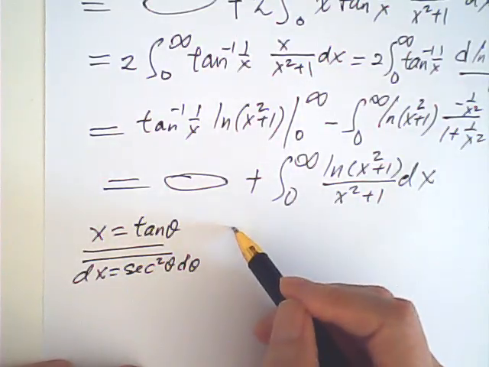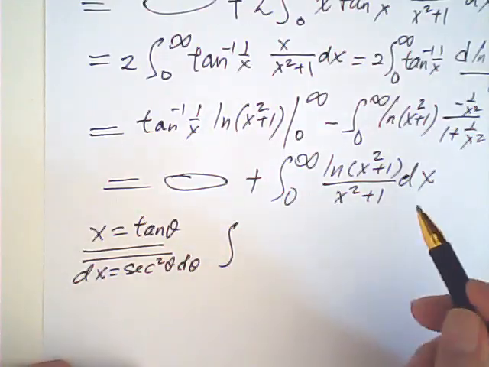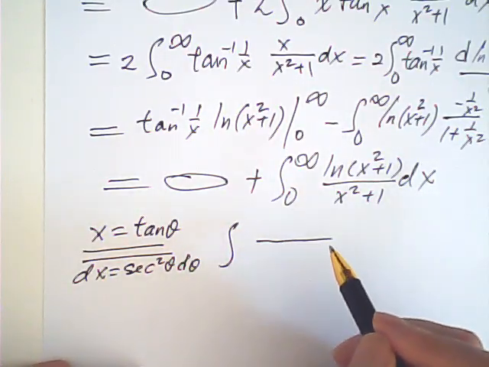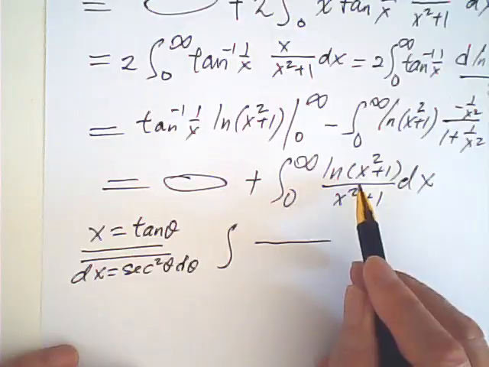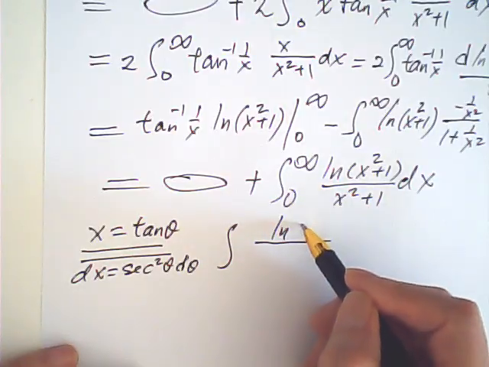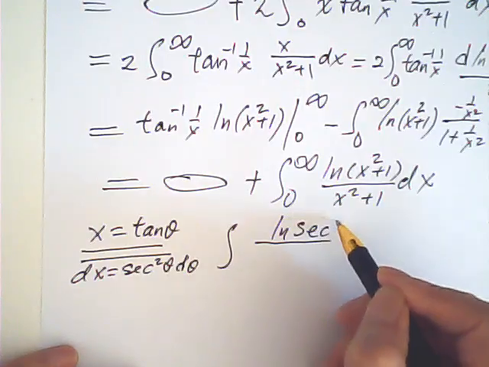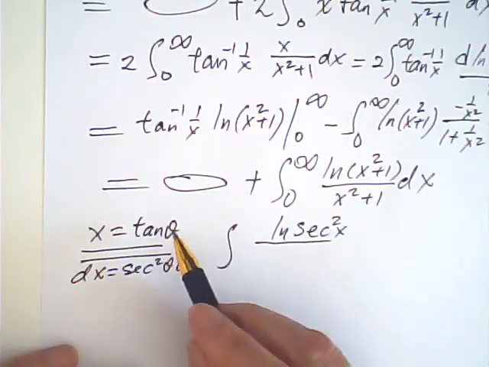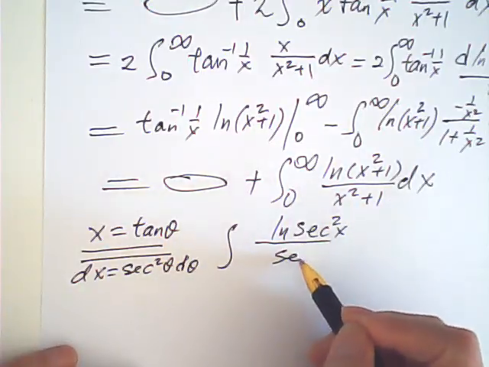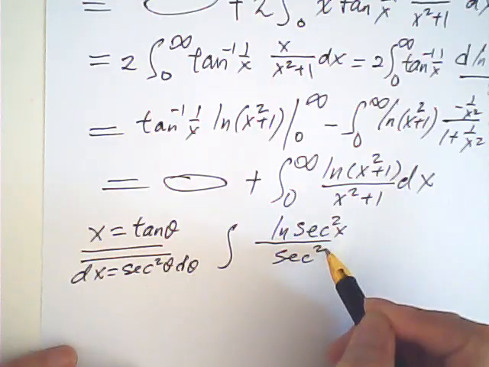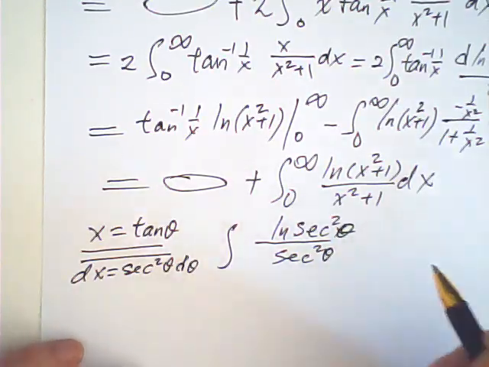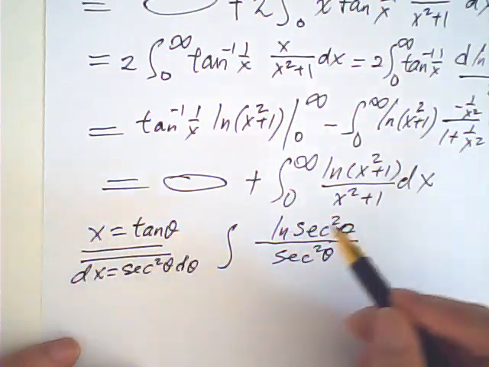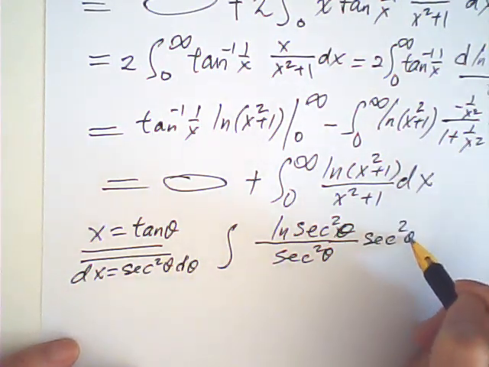So this becomes the integral of log of secant squared, since tangent squared plus 1 is secant squared theta, and dx is secant squared theta d theta.